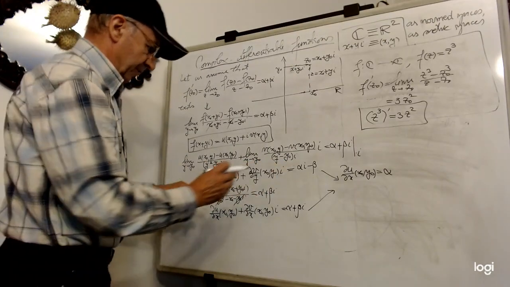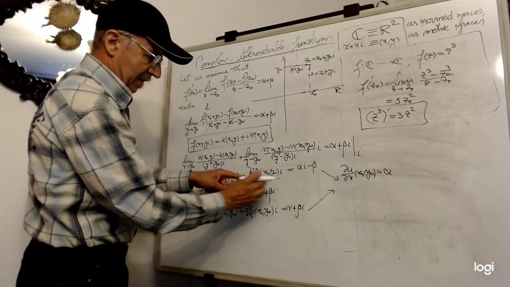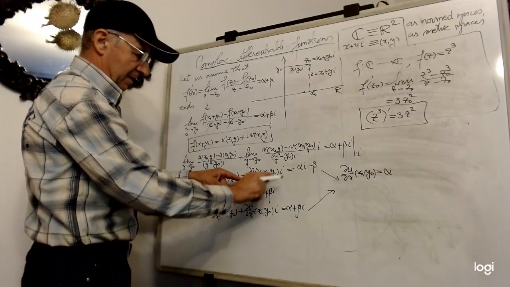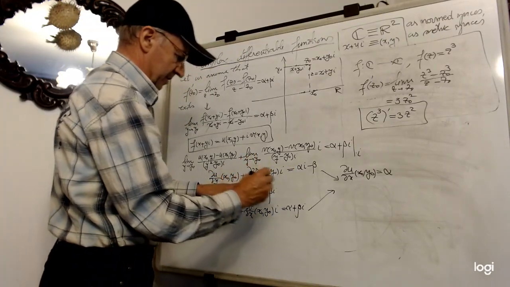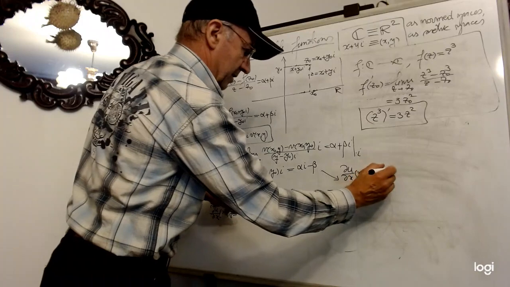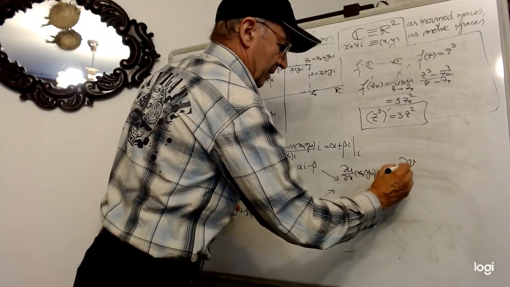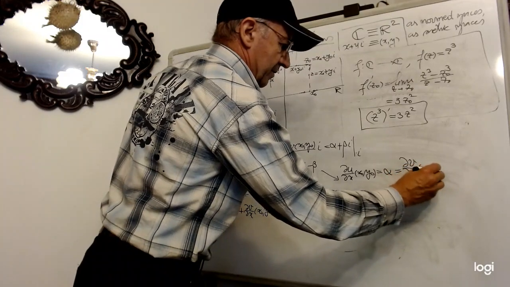And from this relation, if we identify, we can remark that alpha is this coefficient, the imaginary part of this number, which is the derivative of v with respect to y at the point x0, y0.